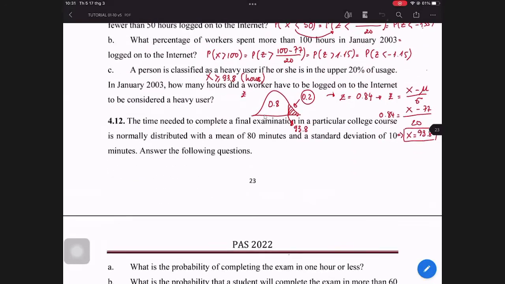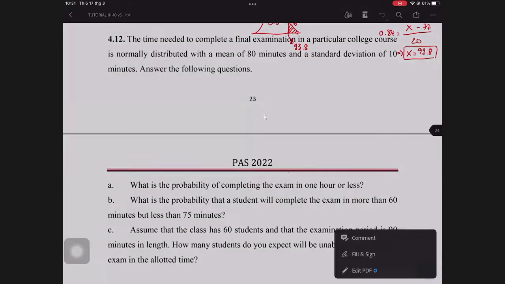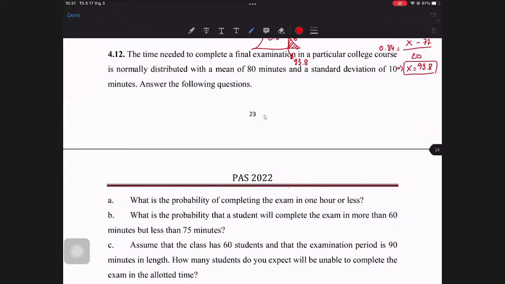All right. So for question 12, I think it's the same type of question. First, we have to denote X here as the time needed to complete a final examination in a particular college course. And we know that X is normally distributed. The mean is equal to 80 minutes.